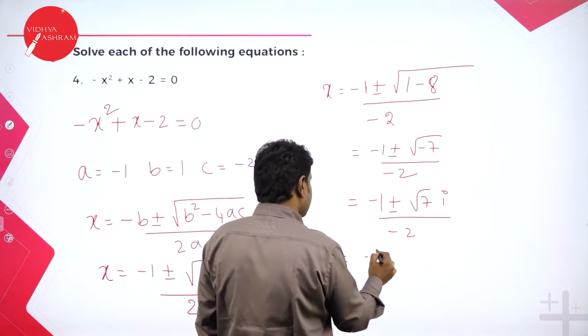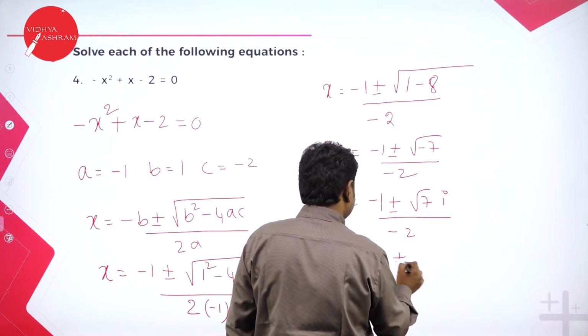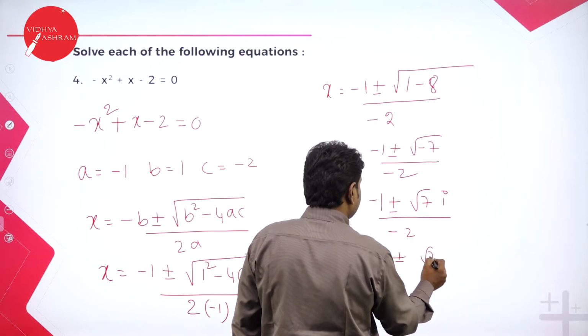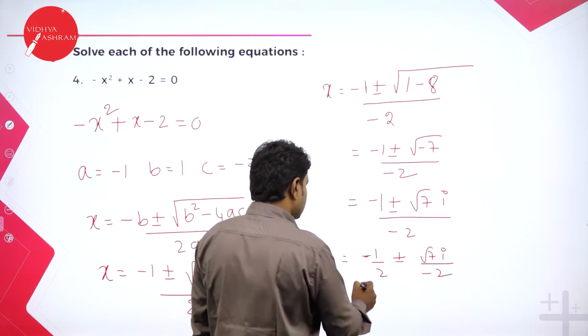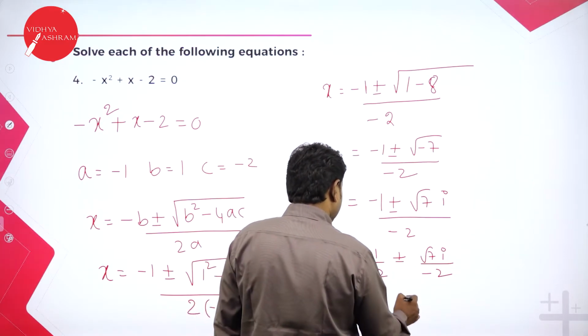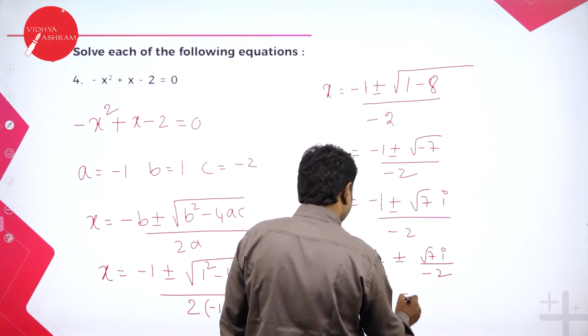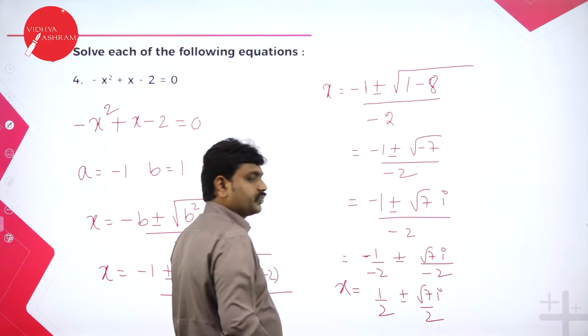So if I take minus 1 by 2 plus or minus root 7i by minus 2. So it will be minus 1 by minus 2 becomes 1 by 2. And this will become minus or plus when I divide. These are the roots.